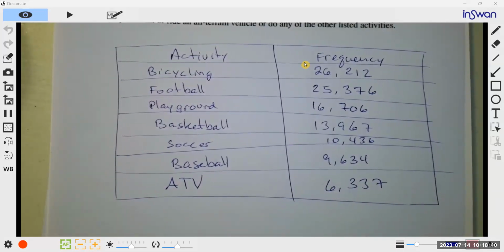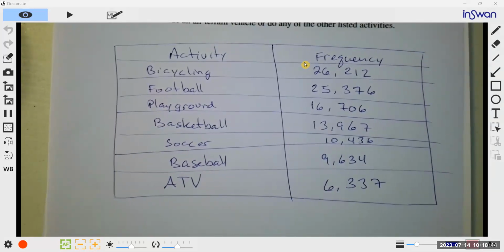Okay, so notice from this data, we could also make an analysis of when this data was collected. All of these are usually summer type activities. Would the numbers be the same in the wintertime? Don't know.